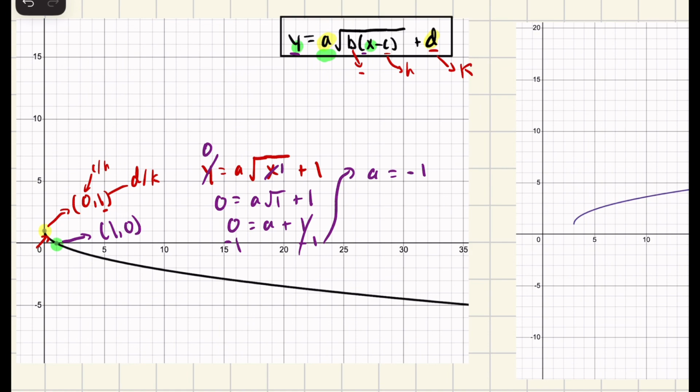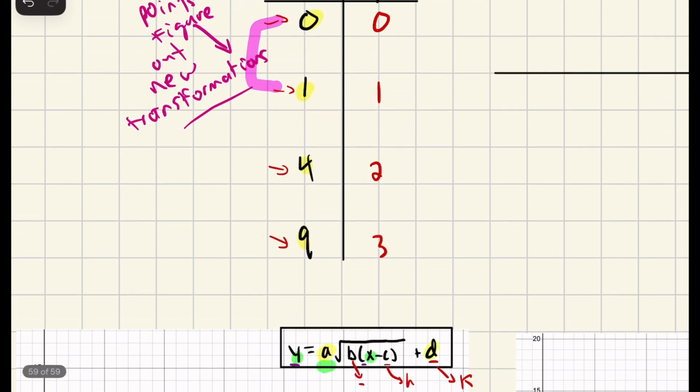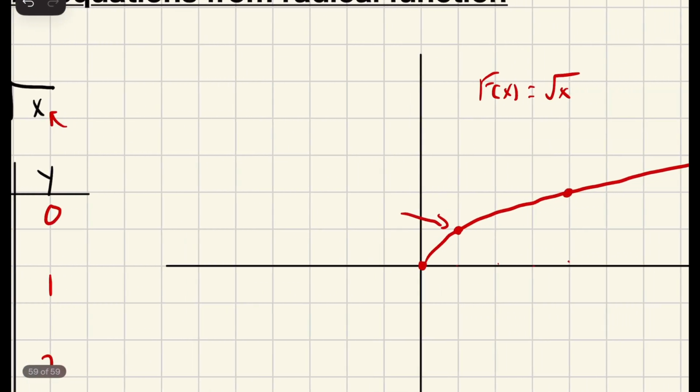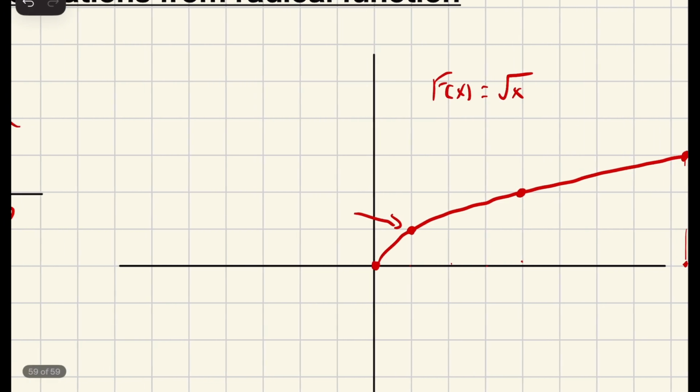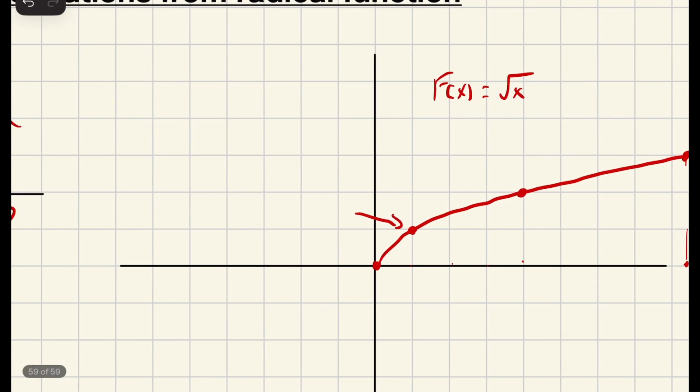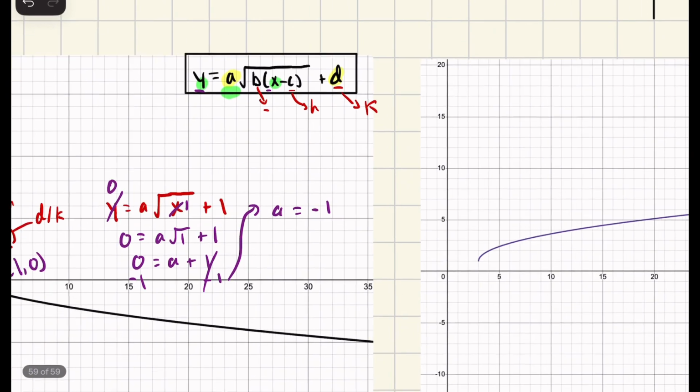And this makes sense because if we look at the original graph of the parent function here, if this is f of x equals root x, and this is the normal, if it is flipped, if the a is negative 1, when it's flipped over the x-axis, this graph in red is going to go this way instead. And we can see that it kind of does that over here.